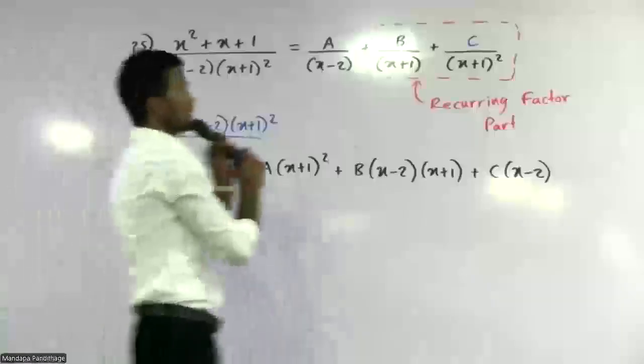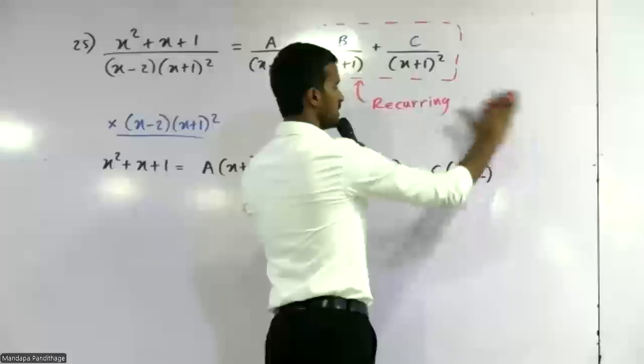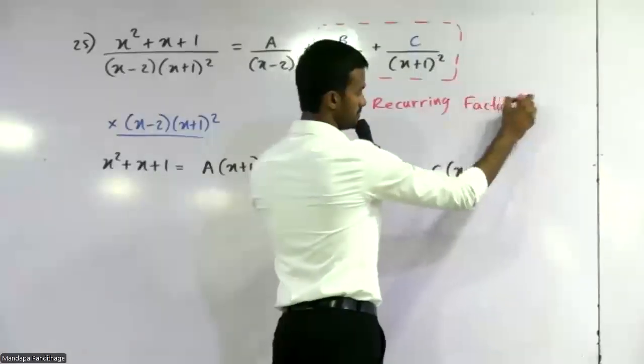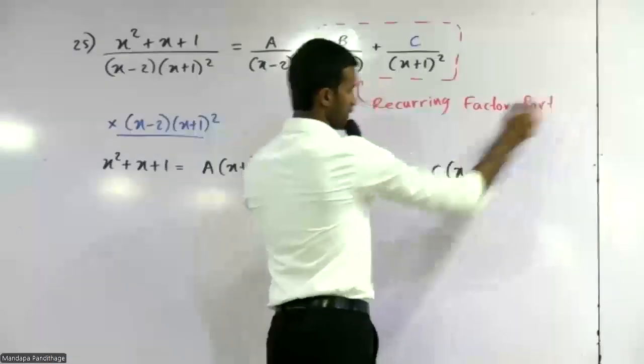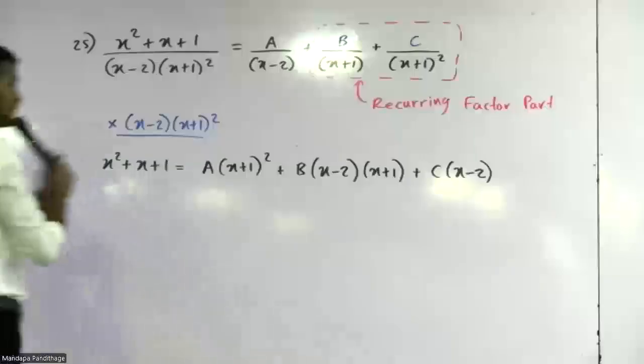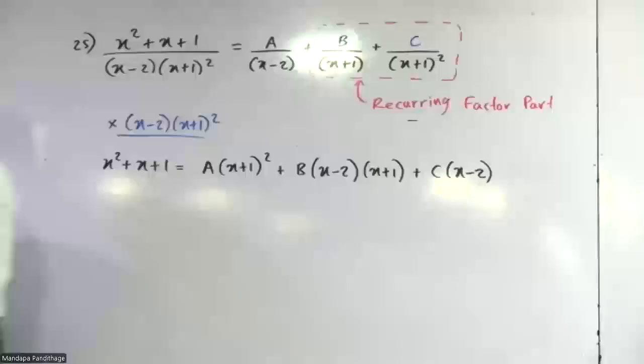Using a red pen, put an arrow and write recurring factor part. Under that, put a small dash and write this note in a normal pen.